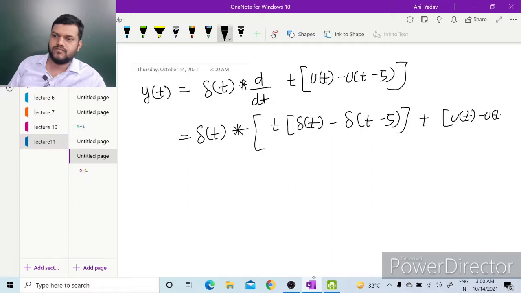This will be δ(t) convolved with, as we know t multiplied with δ(t) will be 0, minus t multiplied with δ(t-5) will be minus 5.